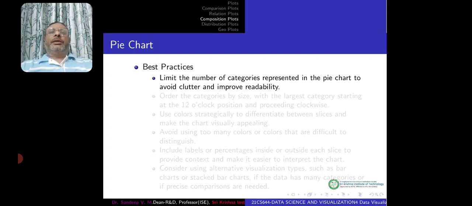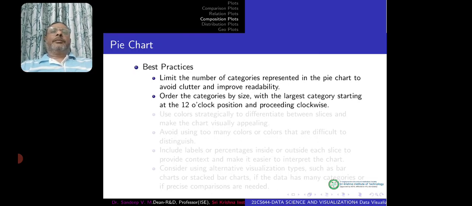Therefore, each category will get a very small portion, so it may not be clearly visible, or we cannot make out the contribution of each one. So it is better to limit the number of categories to some maximum number, so that we can avoid the clutter.